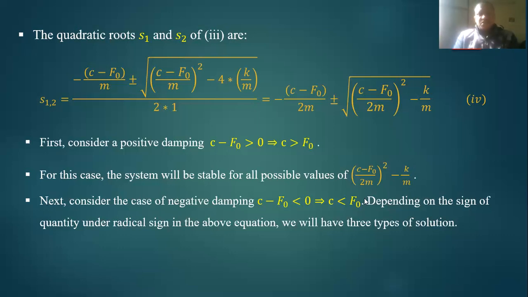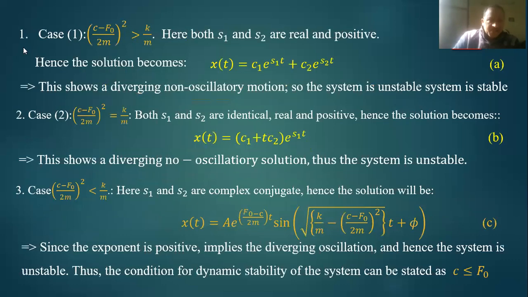Next, consider the case of negative damping. That means c minus f naught is less than 0, which means c is less than f naught. Depending on the sign of the quantity under the radical in the above equation, we will have three possibilities. The first one is ((c minus f naught) over 2m) squared greater than k over m.